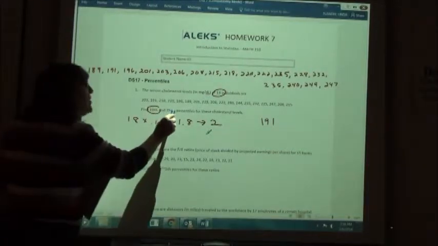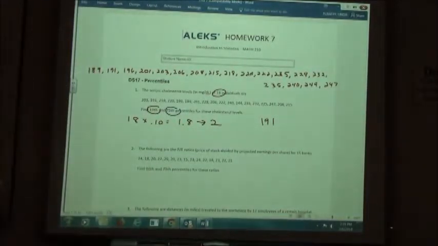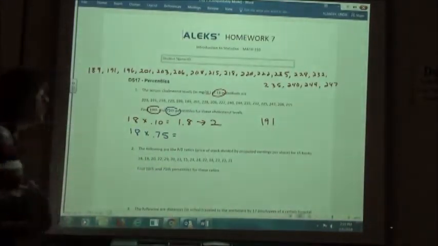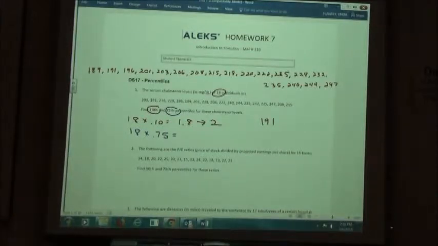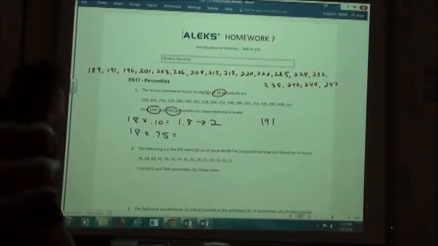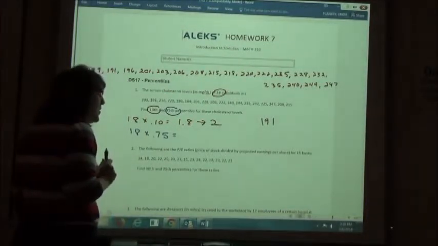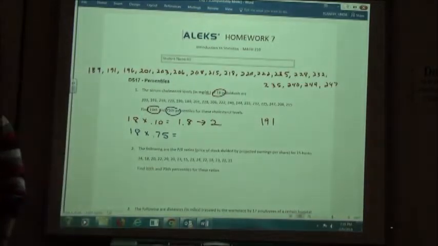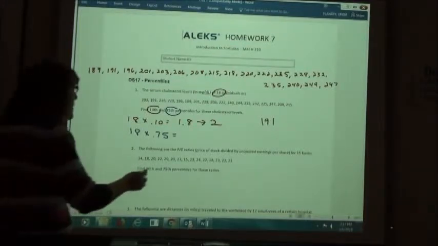So on the next part of this, we want to do the 75th percentile. We have 18, so we're going to take that times 0.75. If you take 18 times 0.75, you get 13.5.